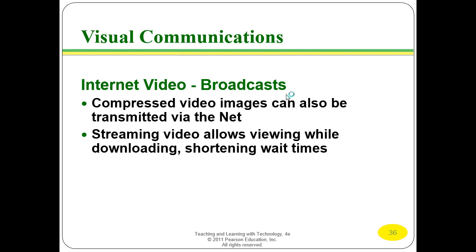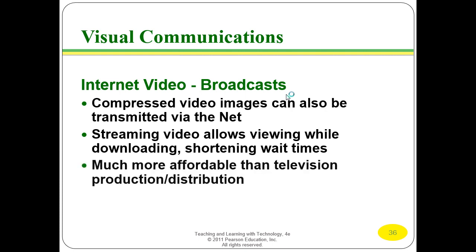And so like that, you don't have to wait hours for that to happen. And so they also have a cost factor. They're much more affordable than television production and distribution systems. We can get by with pennies on the dollar for internet video broadcasts, or have them free.